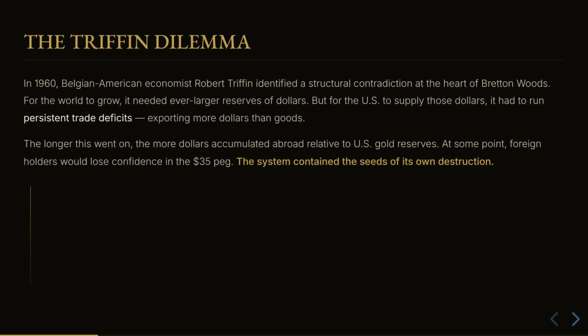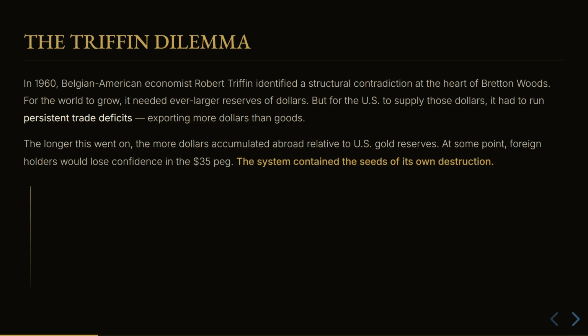So, actually, I don't know how to pronounce this. The Triffin dilemma. In 1960, Belgian American economist Robert Triffin identified a structural contradiction at the heart of Bretton Woods. For the world to grow, it needed ever larger reserves of dollars, but for the US to supply those dollars, it had to run persistent trade deficits, exporting more dollars than goods.